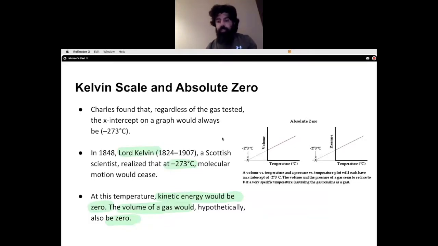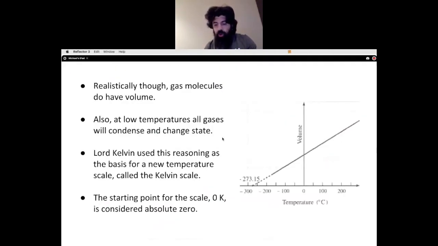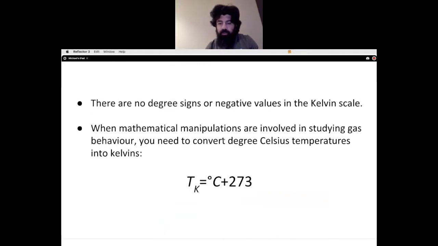So we use what's referred to as absolute zero, and the Kelvin scale, to make sure that any time you're asked to use temperature in your calculations, you always use the following equation.